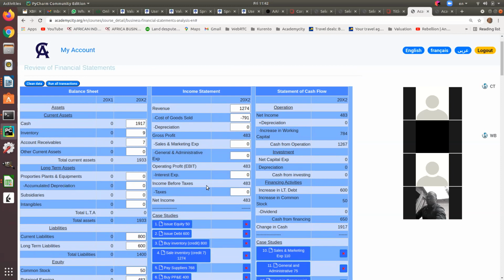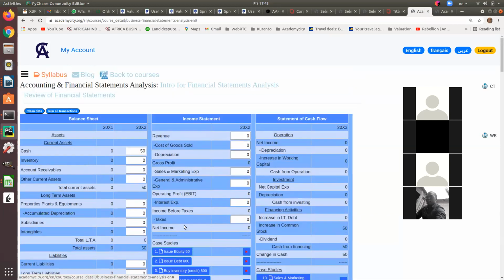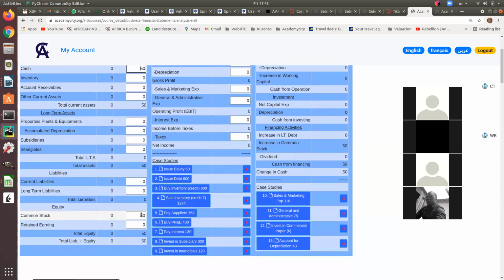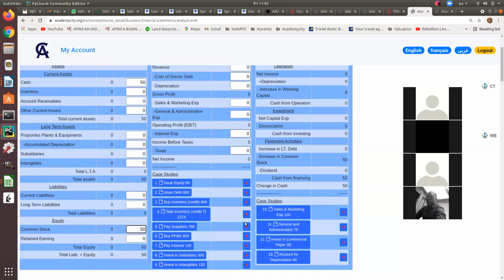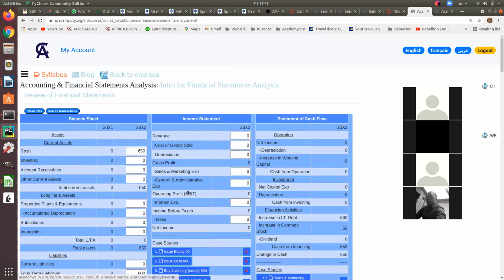So what I'm going to do now, I'm going to make all those four transactions one more time, and then go over the fourth one and explain it again. It's worth the repetition. So I'm going to refresh the page. We raised 50,000, we have 50 cash, and we have equity 50. Second transaction, we raised money by issuing debt.